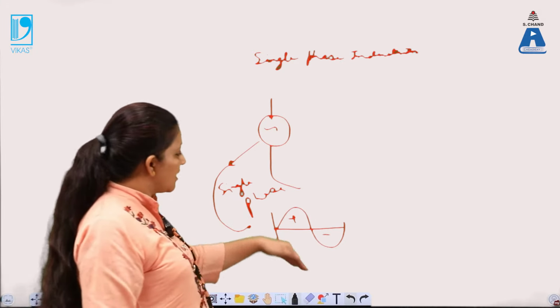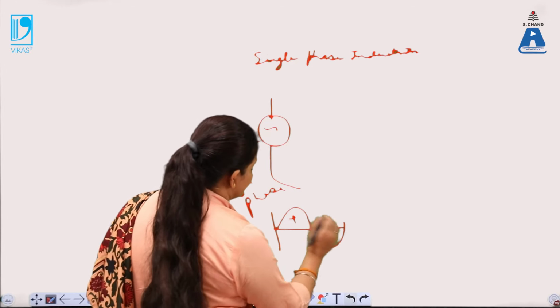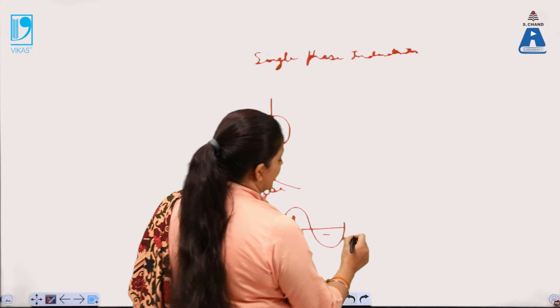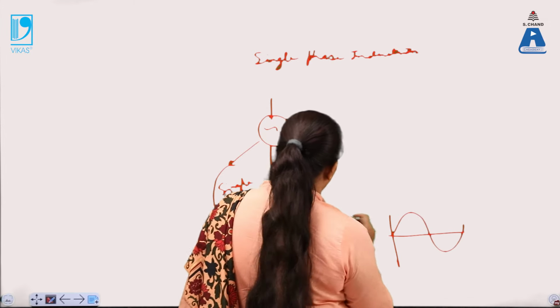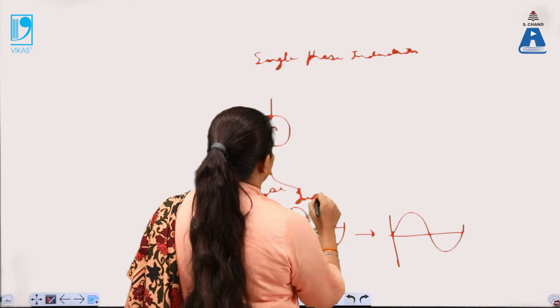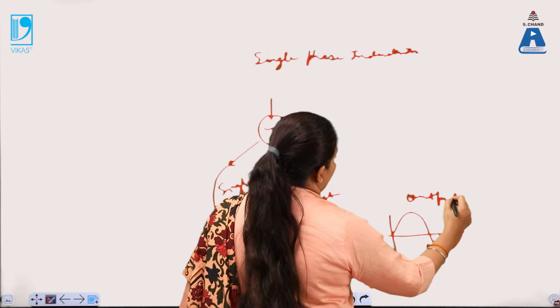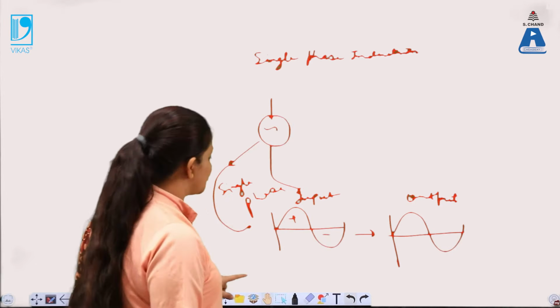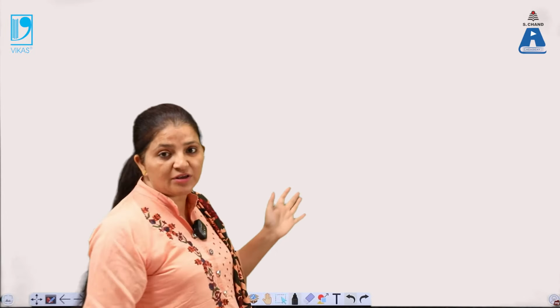Now in this case the alternating current will change in polarity, and from this we will again get the AC output, if this is the input here and that is the output. Now in the single phase induction motor the losses are very small. So this is all about the working of the motor.